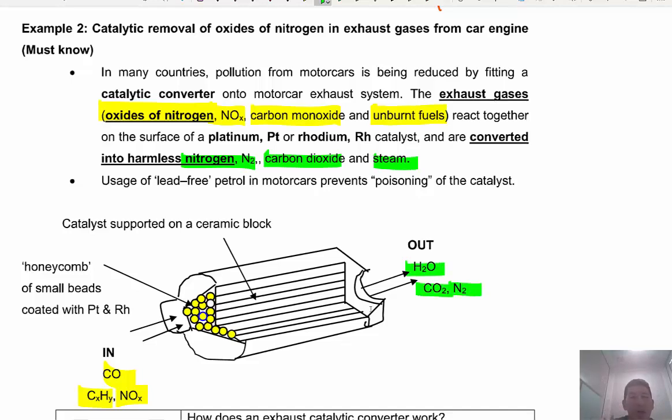So the catalytic converter, the metal itself, is the catalyst surface on which the reactants will pass through, and it lowers the activation energy of these reactants to enable them to react and to convert into these harmless forms.